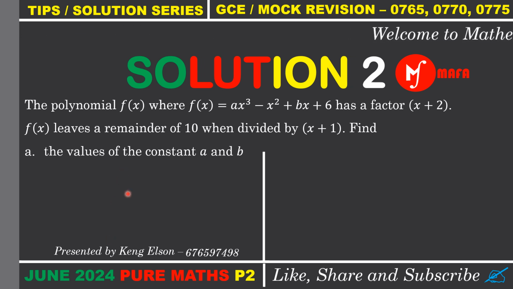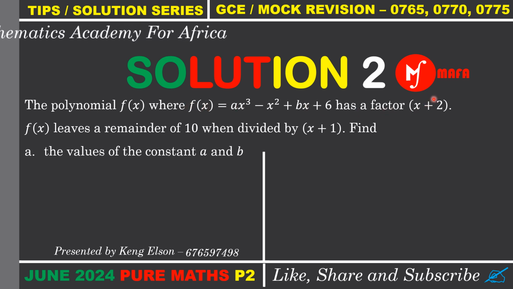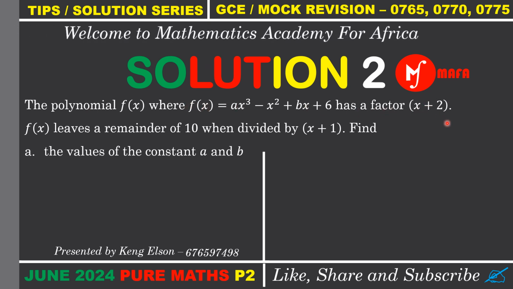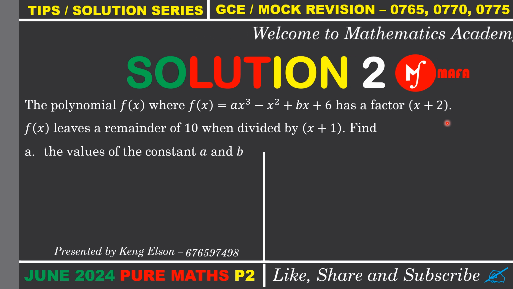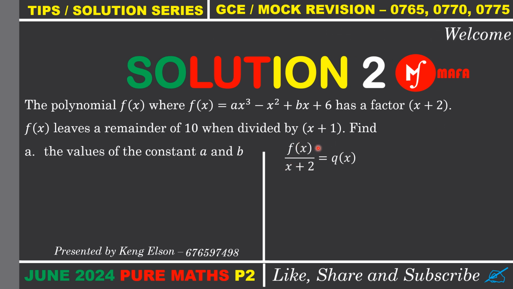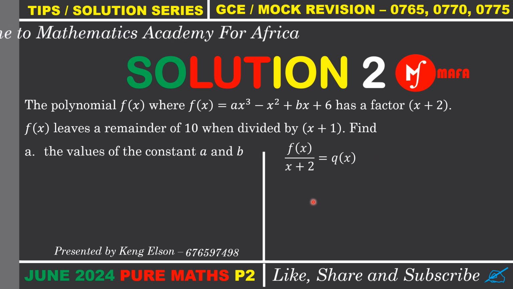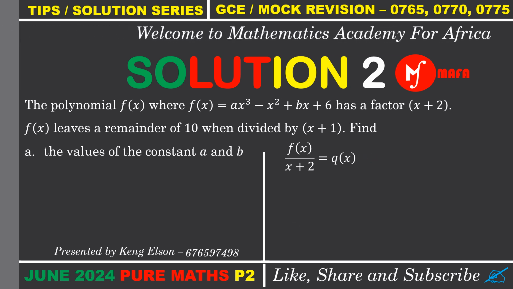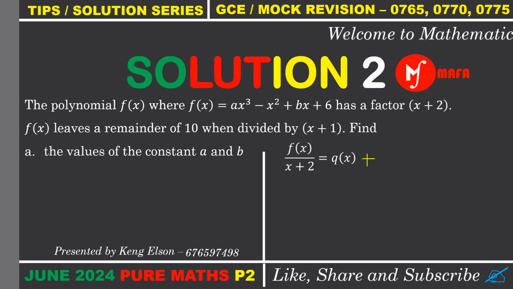All right, so what do we have to do? f of x has a factor of x plus 2. Basically, from the previous explanation, what does it mean? It means that if I take f of x and I divide by x plus 2, the remainder is 0, because normally we have to have a quotient plus a remainder, which is r of x.